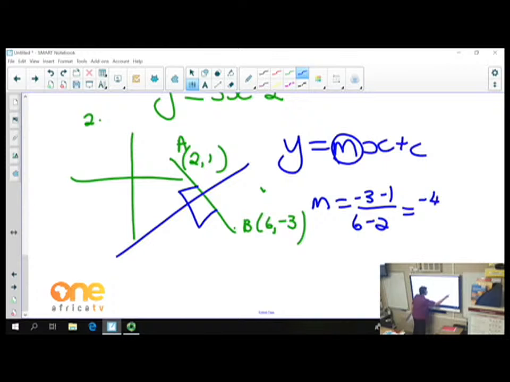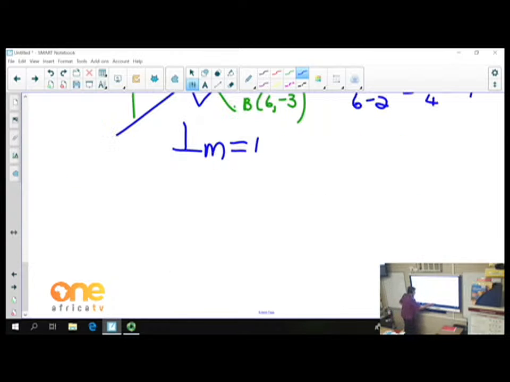So it's -4 over 4, which is -1. What would you say will be the perpendicular gradient now? Perpendicular is 90 degrees, but that's not my question. What is the perpendicular gradient? This one is -1. So what is perpendicular m? So that means now it is y is equal to 1x plus c.